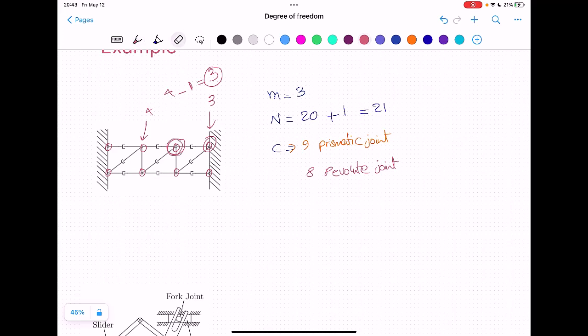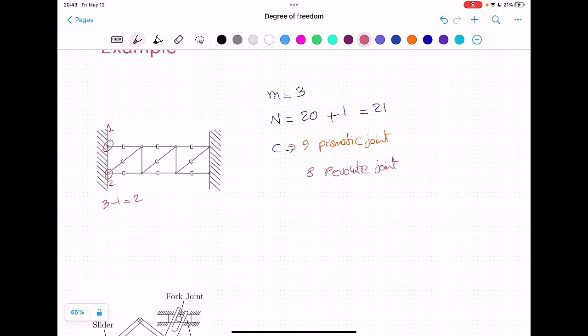So we count the revolute joints again. Here we just have 2, and this revolute joint just connects the ground to 1 link, so here we have 1 revolute joint. But here this revolute joint connects 2 links to the ground, so we have 3 links, and 3 links minus 1 is equal to 2 revolute joints.